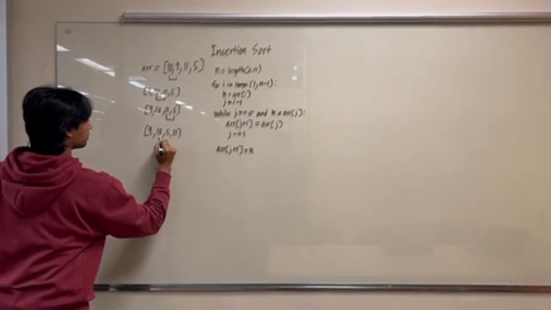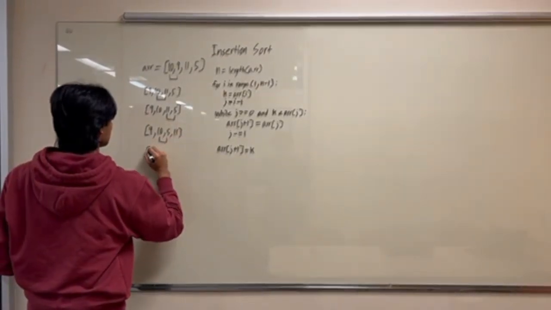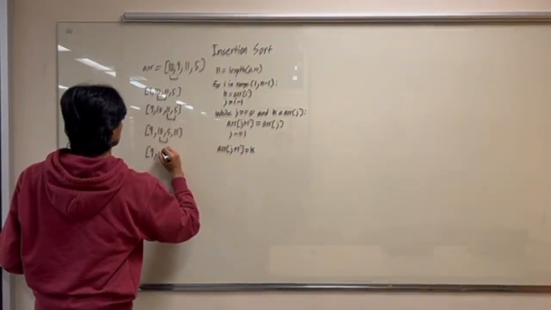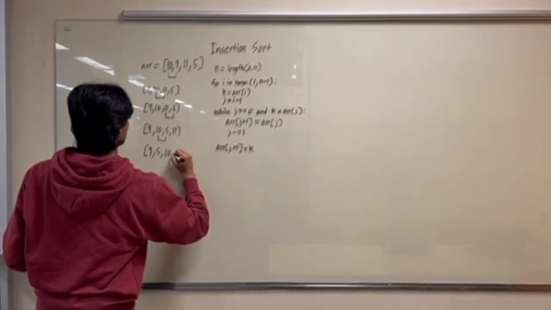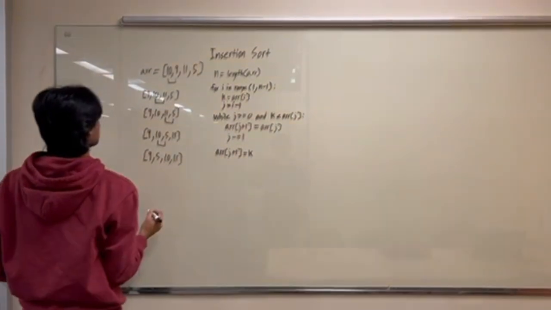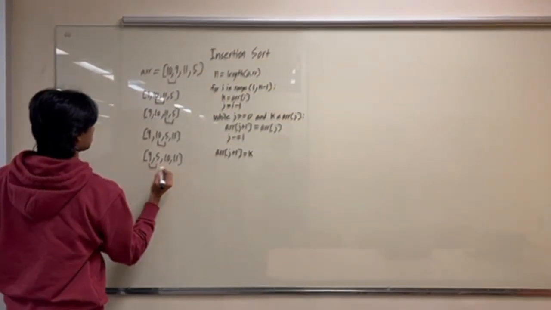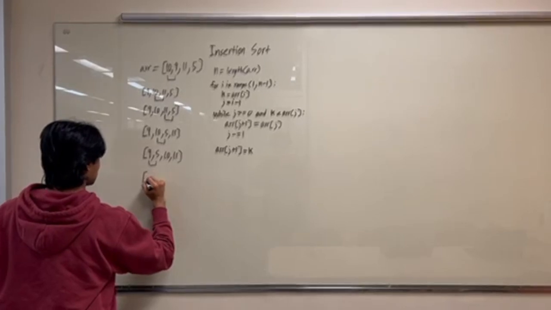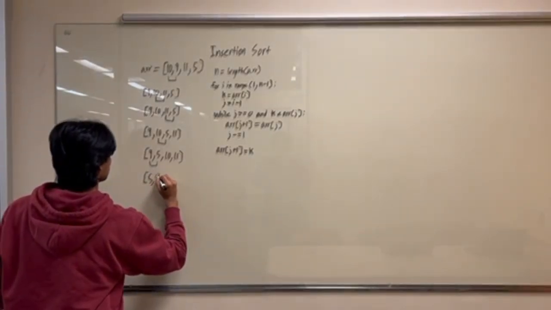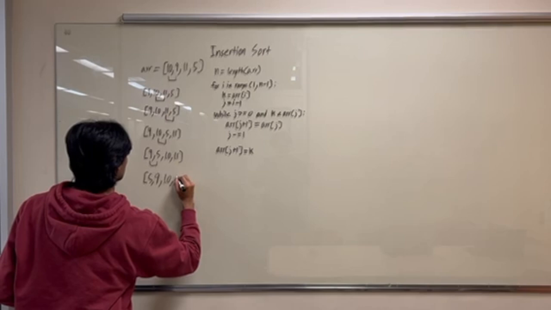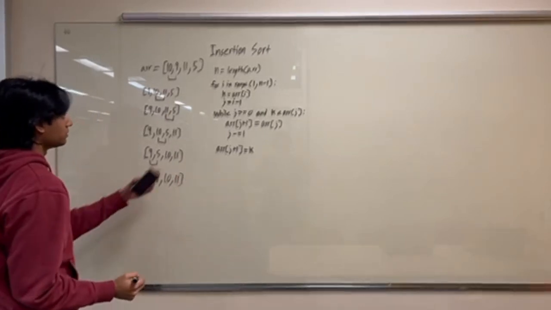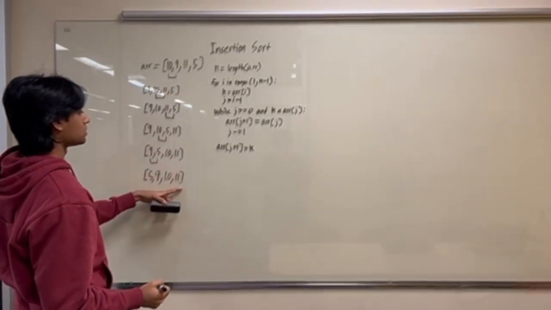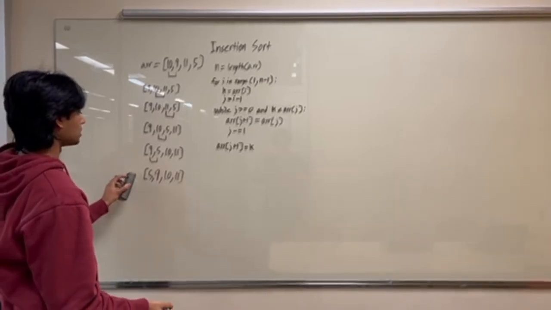Same case will happen with 10 and 5. 5 is less than 10, so this will become 9, 5, 10, 11. And the same thing will happen with 9 and 5, because 5 is less than 9. So this will end up being 5, 9, 10, 11. And then eventually, even if you run this algorithm with this already sorted list, nothing will change and you'll end up with your answer.